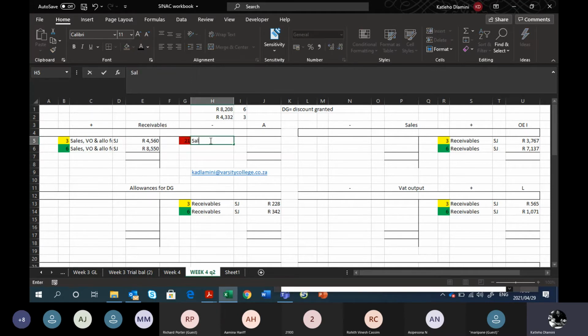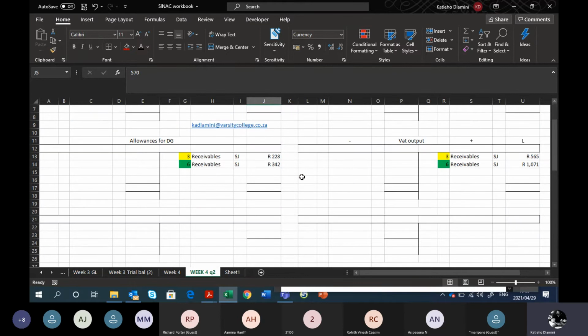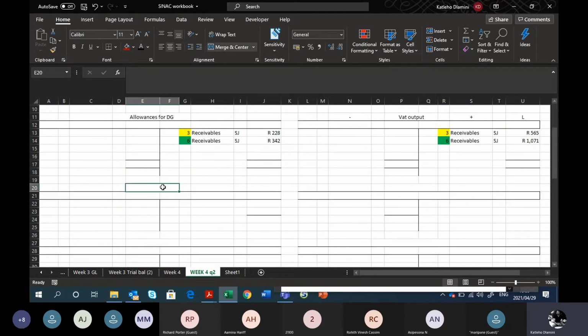Okay, so I have sales returns, VAT output, and allowance for discount granted. Okay, so that's 570. Now this 570, I'm obviously going to split it up into sales returns. So let me have my sales returns.